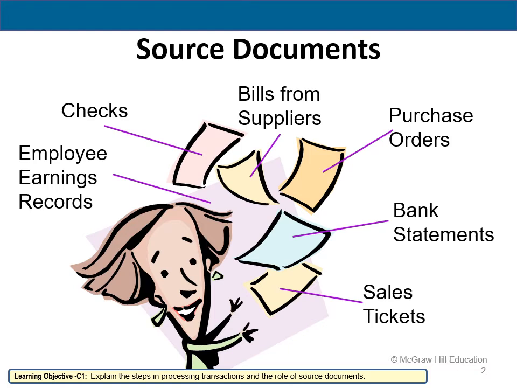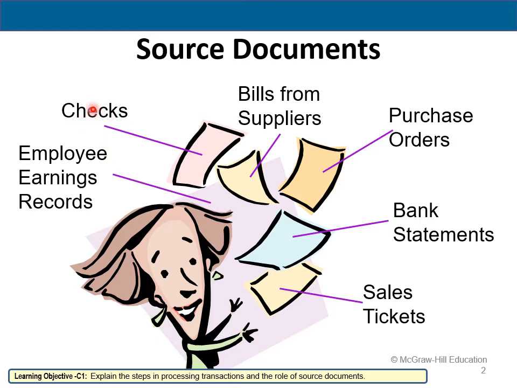Source documents are where you might look to determine whether a transaction has occurred and get information needed to record that. These are just some examples. Purchase orders. Checks written, and these could be checks for anything.